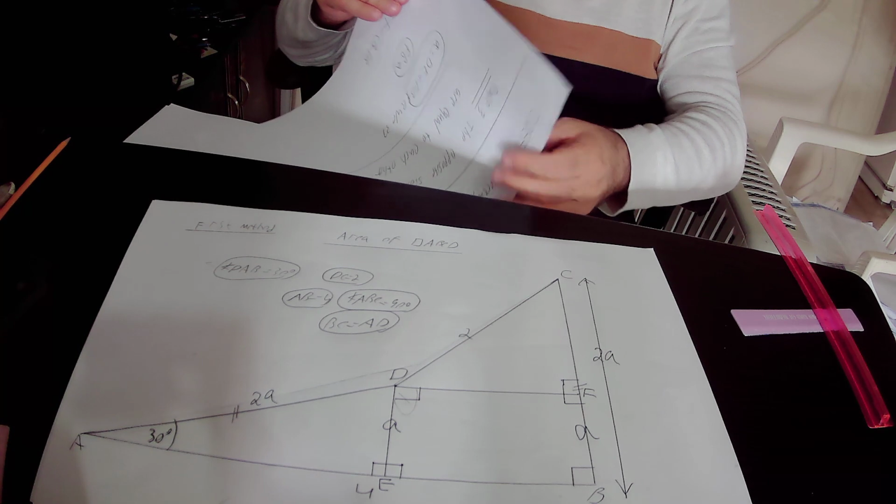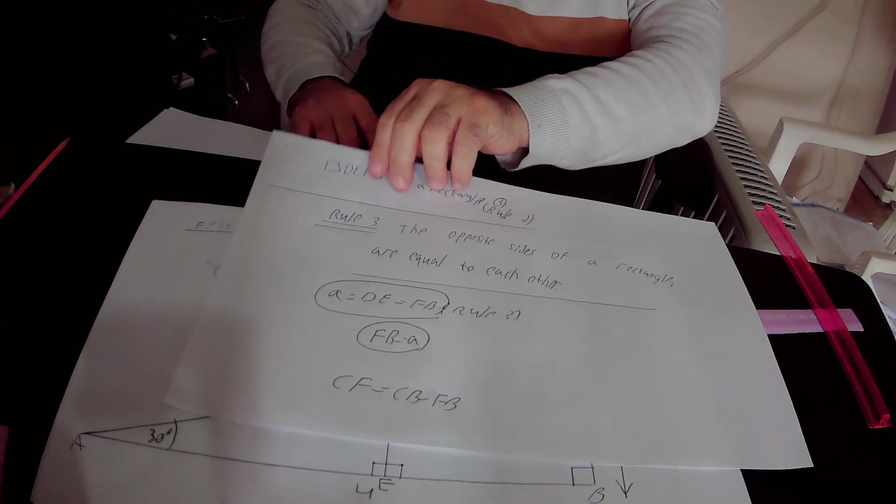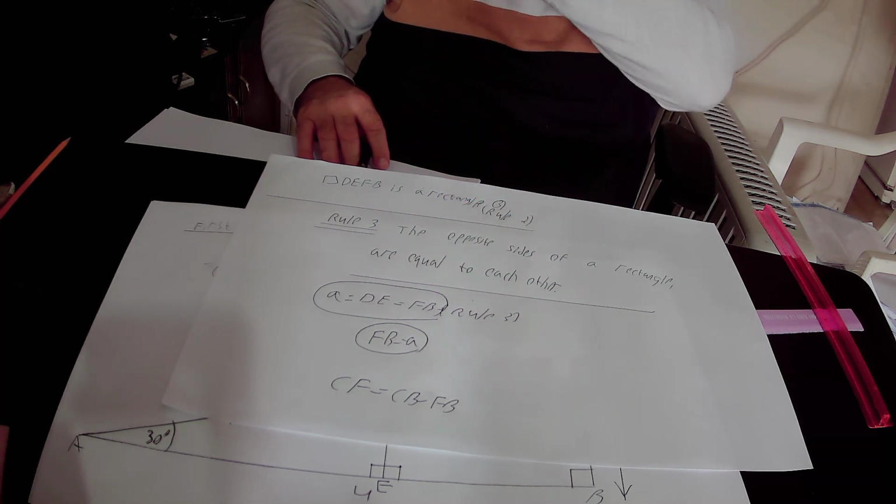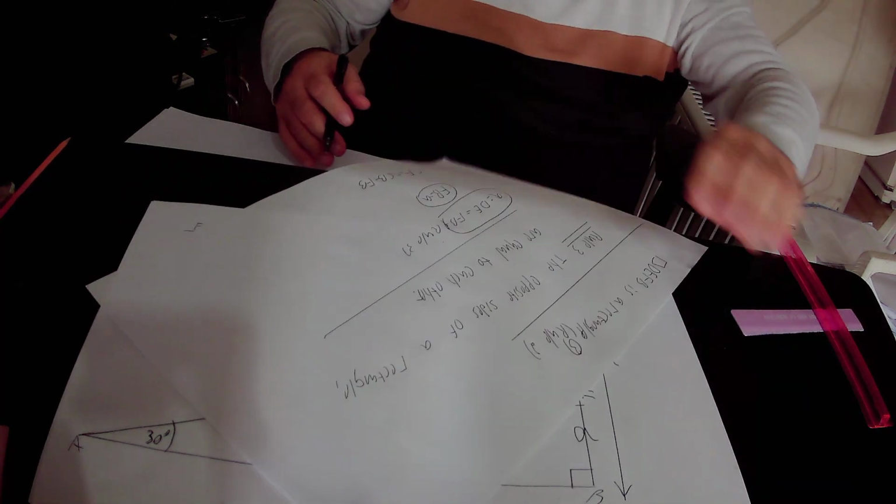I'll repeat again. CF equals CB minus FB. You can see it easily from the drawing.